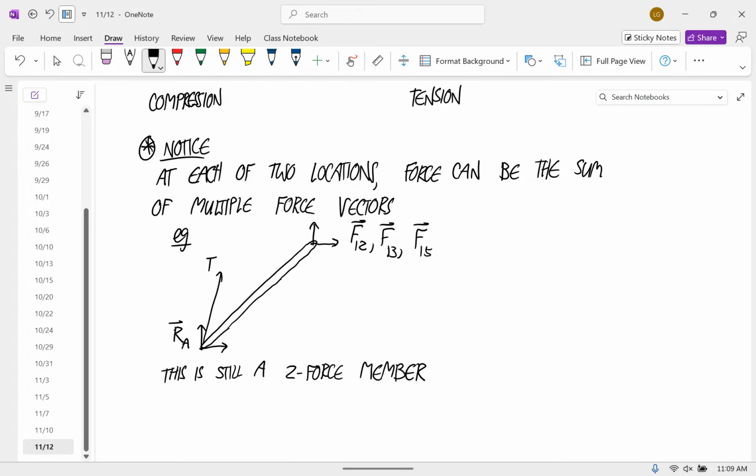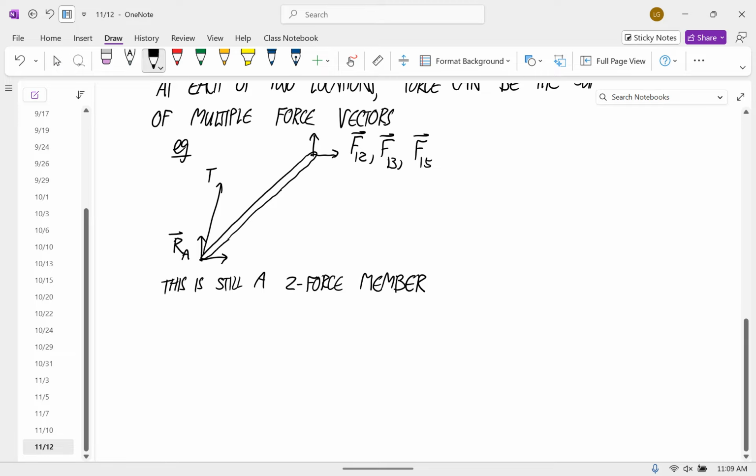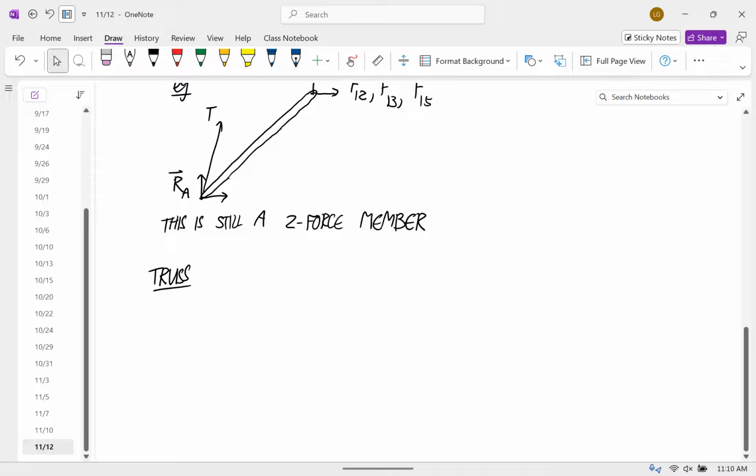Okay, so then a truss is a structure where every member is a two-force member.